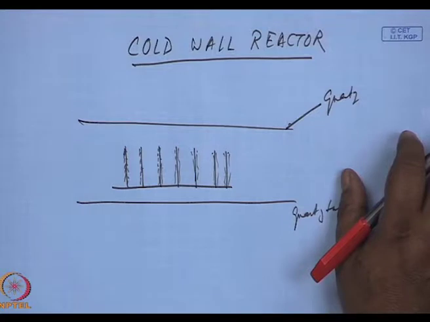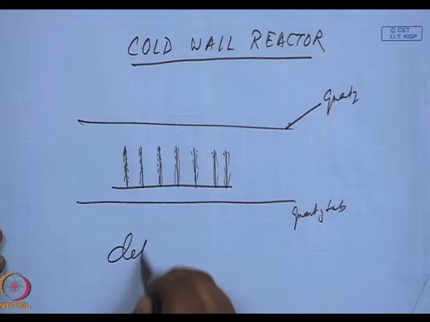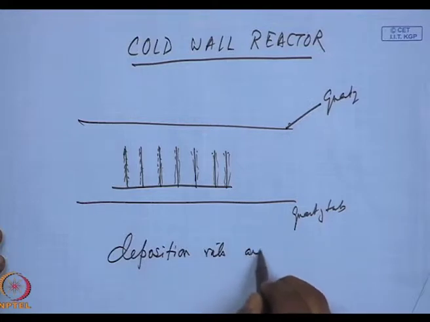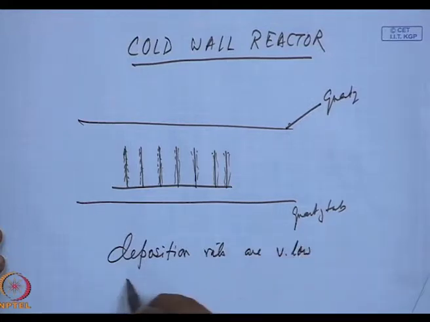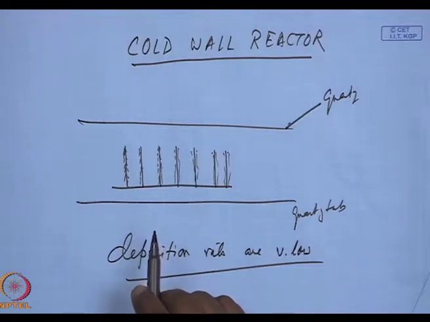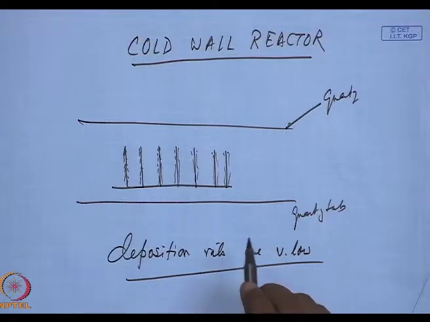The difficulty is this, that we have at times a problem that the deposition rates are very low, because here it's a very slow process, and hence what we have is very slow deposition of the coatings.